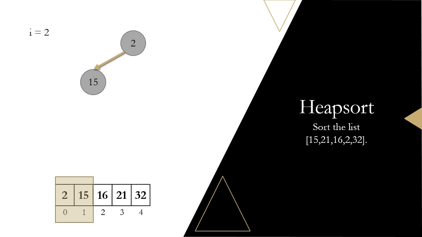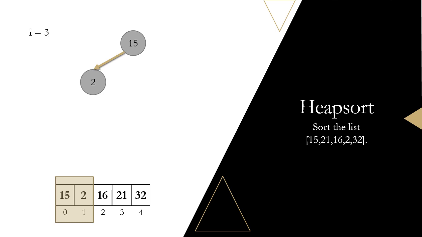Does the new node need to sink? Yes, it does. Swap it with its child's value and the list adjusts accordingly. Everything that I needed to do for i equals 2 is done.